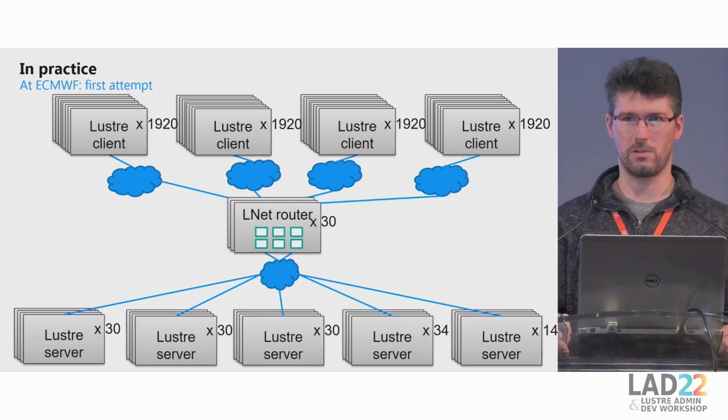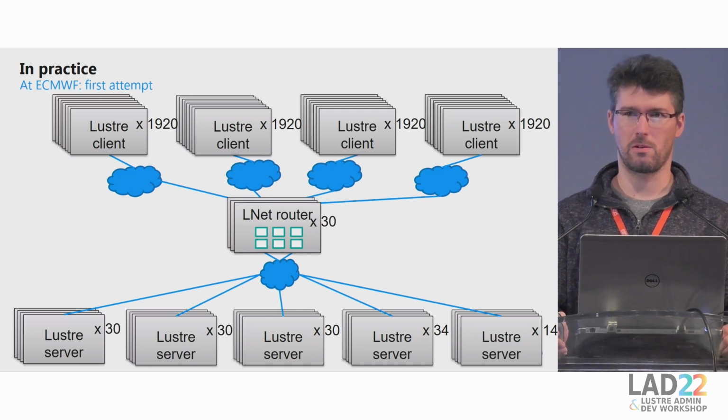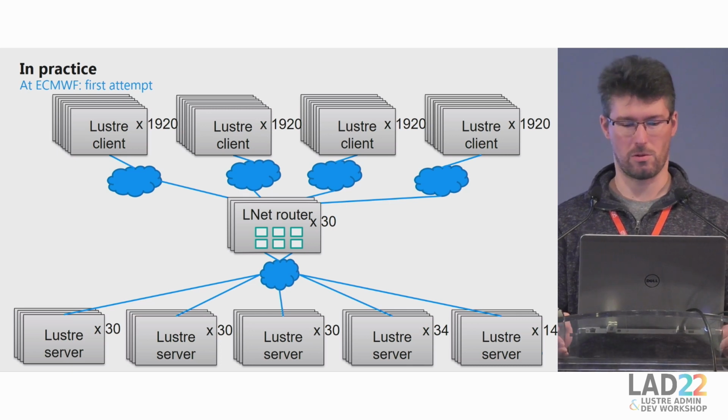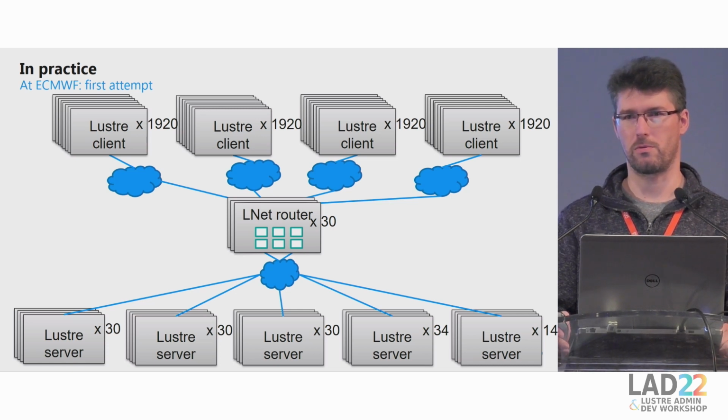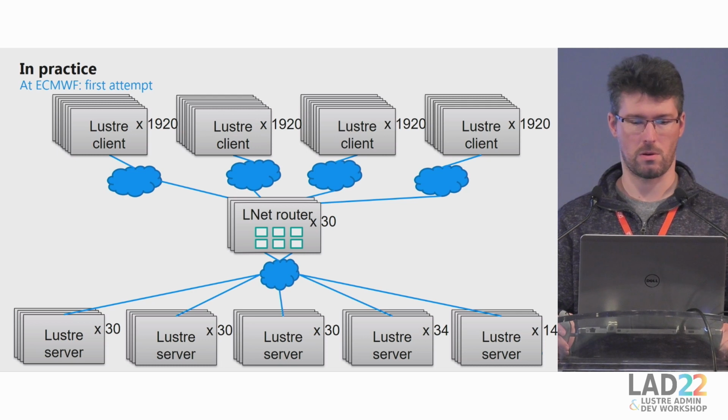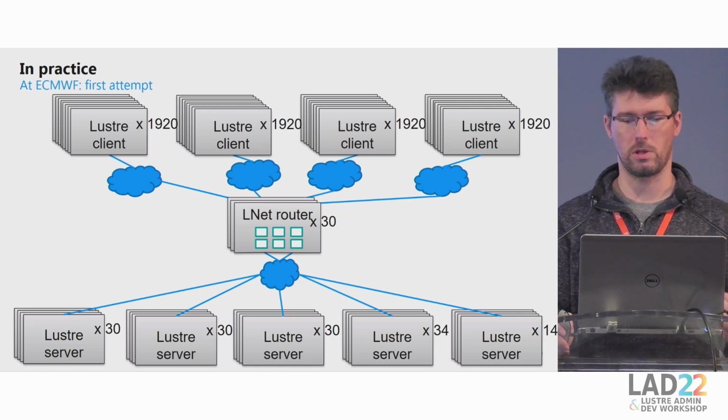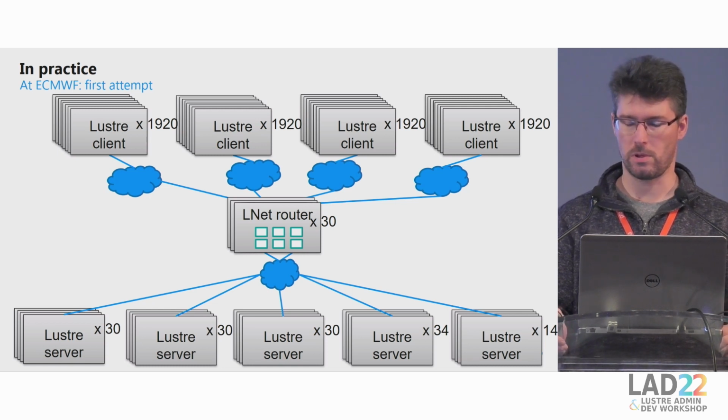You get thousands of clients, you get a handful of routers, and a bit more servers behind. So in terms of parallelism, you can get a lot of problems. And this is why we need timeouts and credits, and to adjust those accordingly so that everything is smooth in the system.